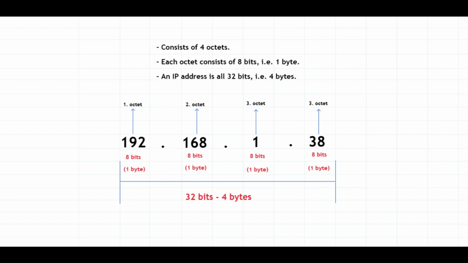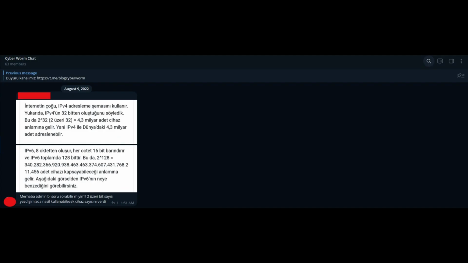We mentioned above that IPv4 consists of 32 bits, which means 2 to the power of 32 equals 4.3 billion devices. So 4.3 billion devices can be addressed with IPv4. Update note: in 2022, a friend of ours asked exactly at this point why 2 to the power. We wanted to explain this briefly.